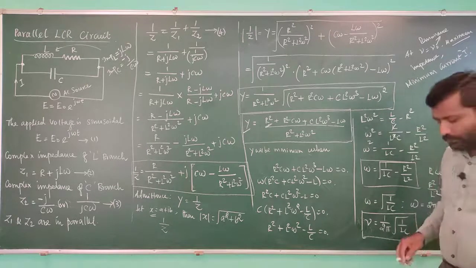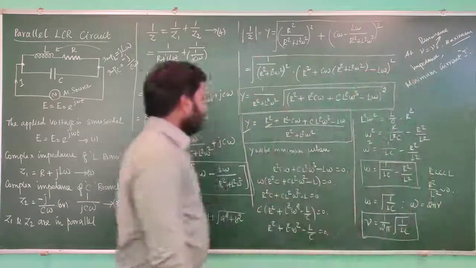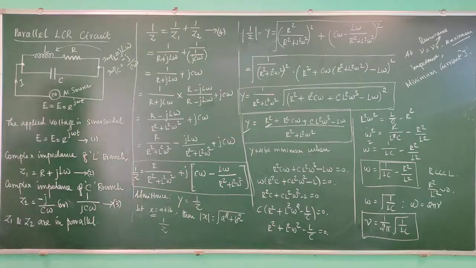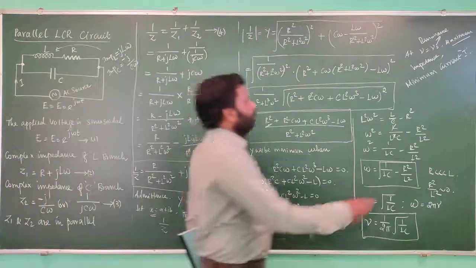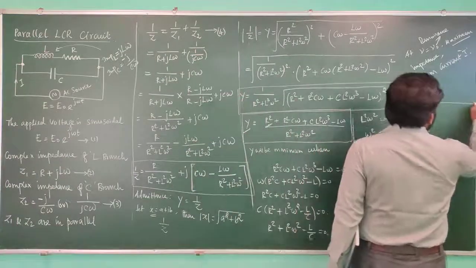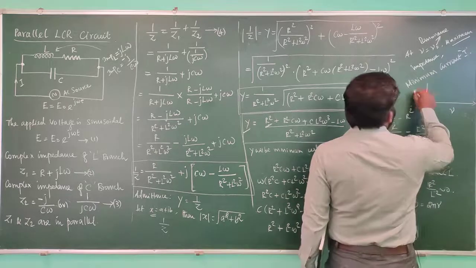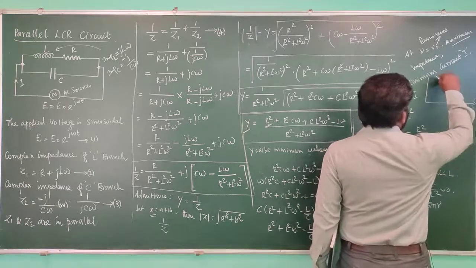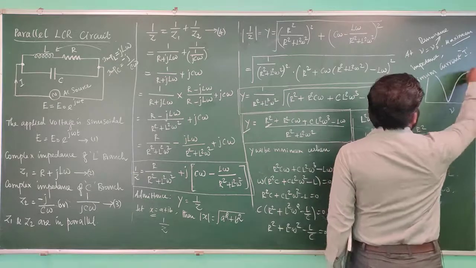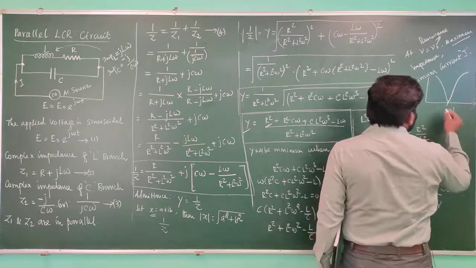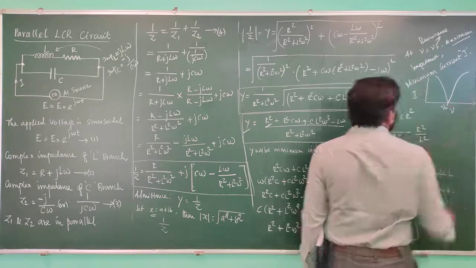If we draw the diagram for applied frequency versus current, it will show a graph like this, where this point is nu naught.